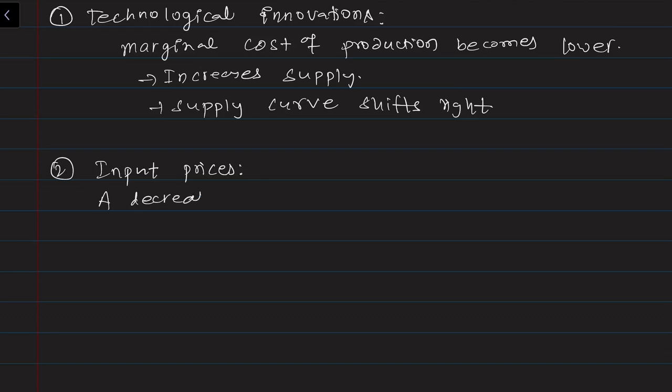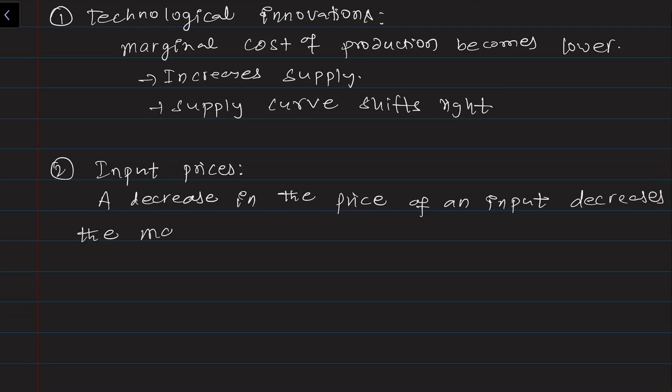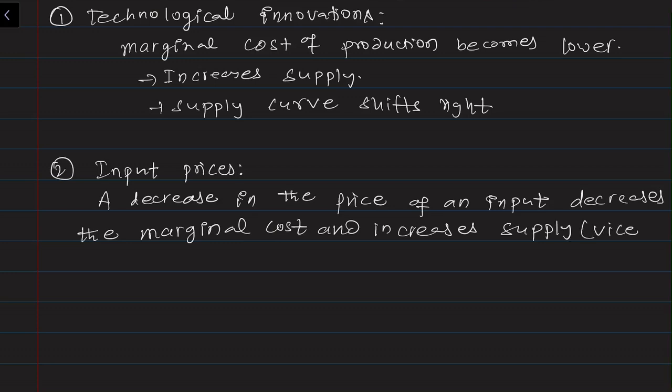So a decrease in the price of an input decreases the marginal cost and increases supply, and vice versa is also true.